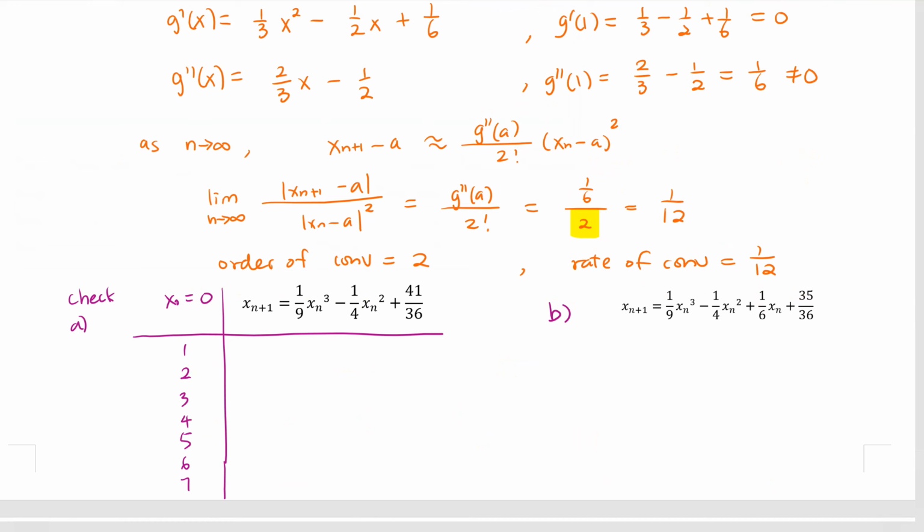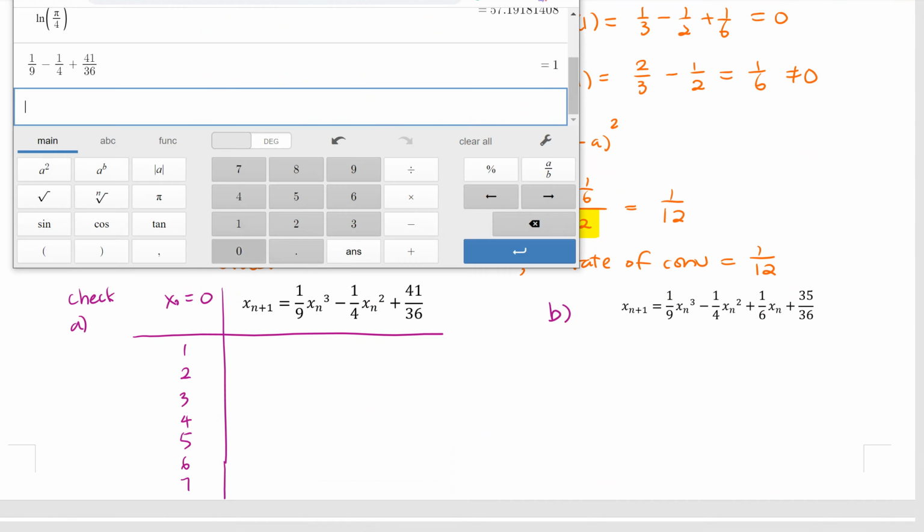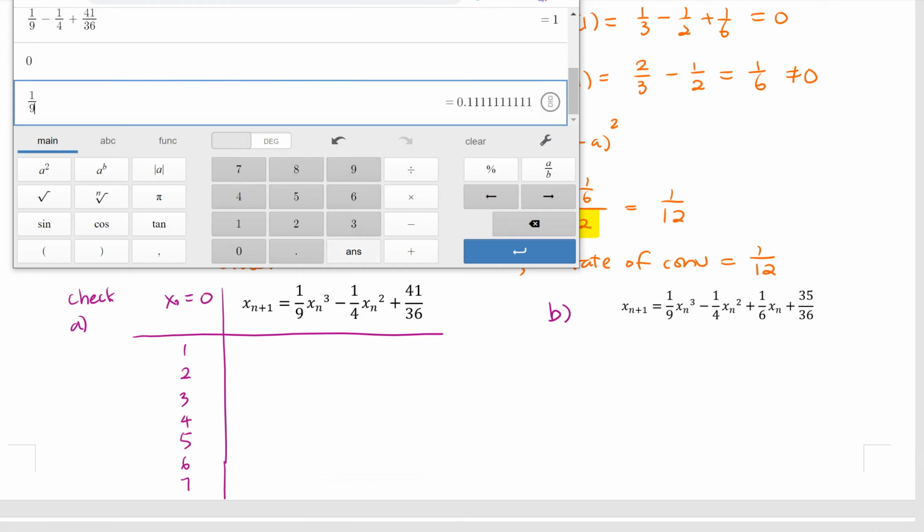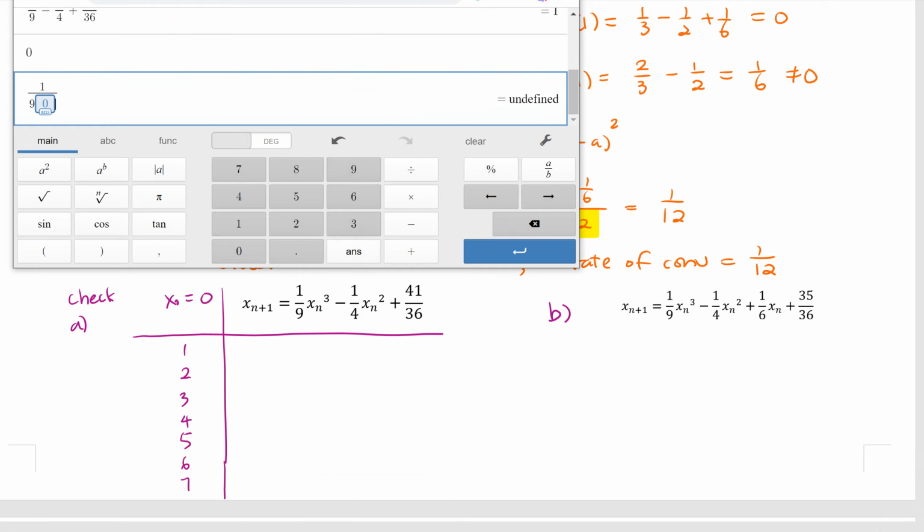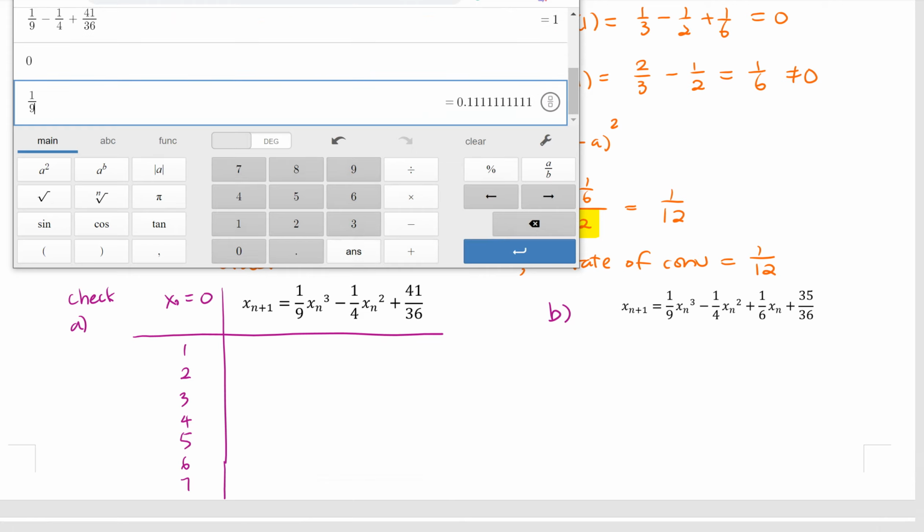Now let's see. First step, 0. Enter. Second step, 1 over 9 times the answer cubed, minus 1 over 4 times the answer squared, plus 41 over 36. Enter. Be careful, move up, back.